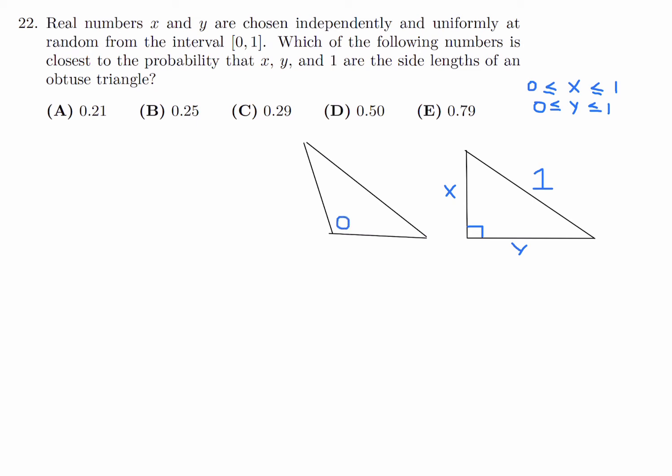Obtuse triangle just means that that angle is going to be greater than 90 degrees. So this is x, and this is y, and this is 1. So this is the scenario that we want. Well, the first thing from the triangle inequality is that x plus y has to be greater than 1. That's the only way a triangle can be made.